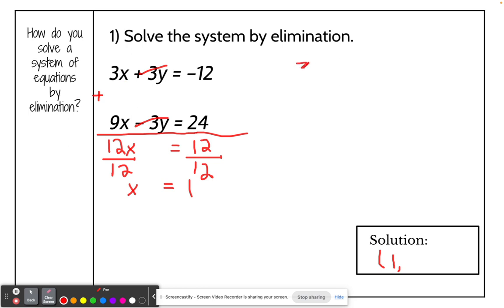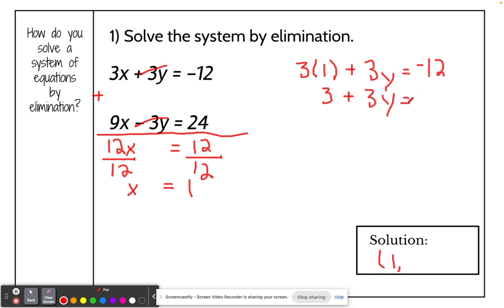And I'm saying x is 1 now, so I'll do 3 times 1 plus 3y equals negative 12. Well, 3 times 1 is 3 plus 3y equals negative 12.